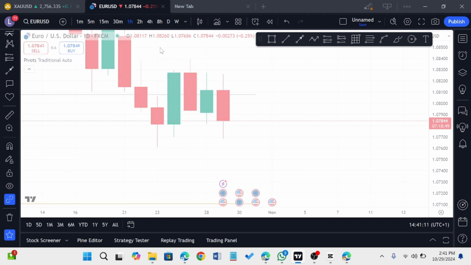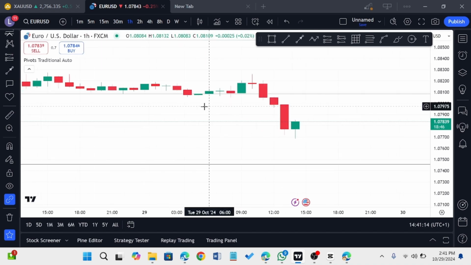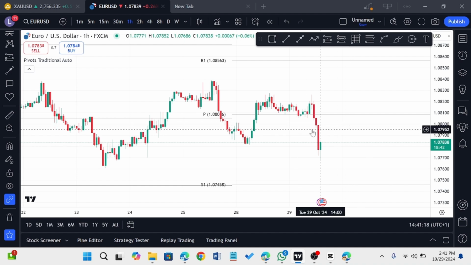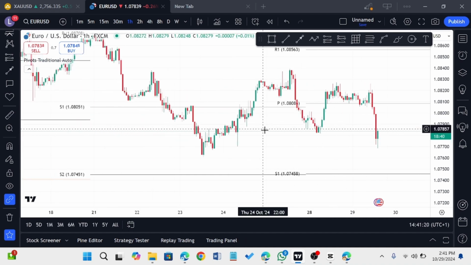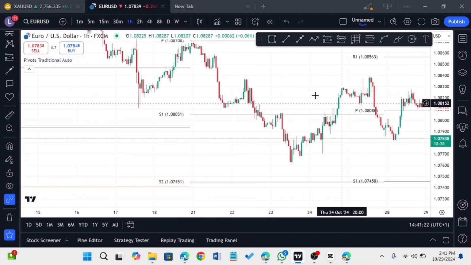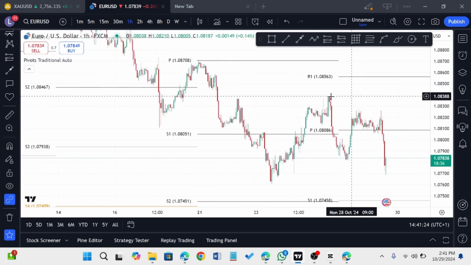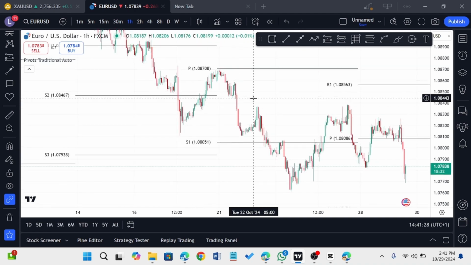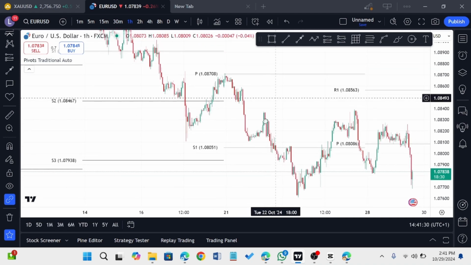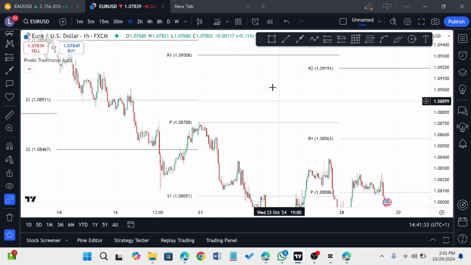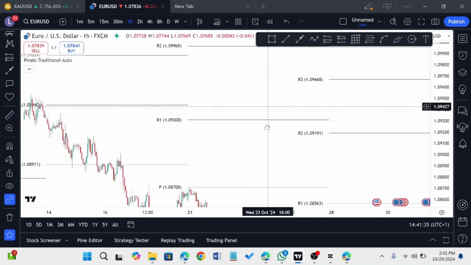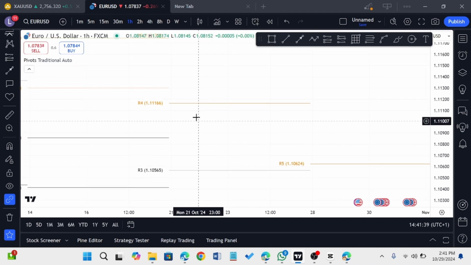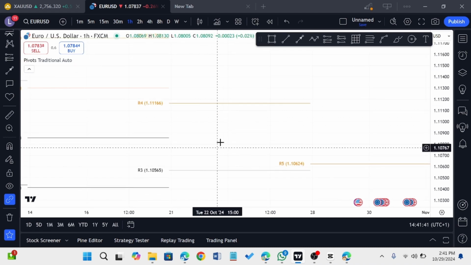So let me go to the 1-hour charts. I prefer to use the 1-hour chart for my analysis because it helps filter the noise in the market, unlike the 5-minute chart or the 15 minutes. So you can see central pivot line, the resistance 1, the R2, the R3. You can go on to R4 and R5, but I don't think price is gonna get there.